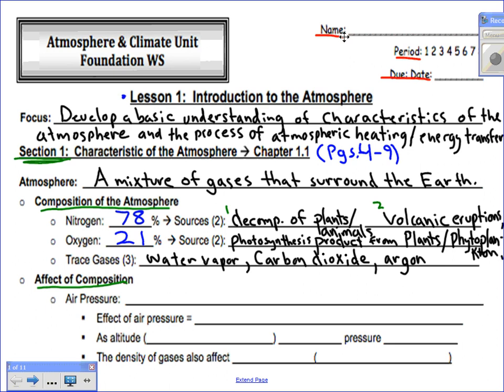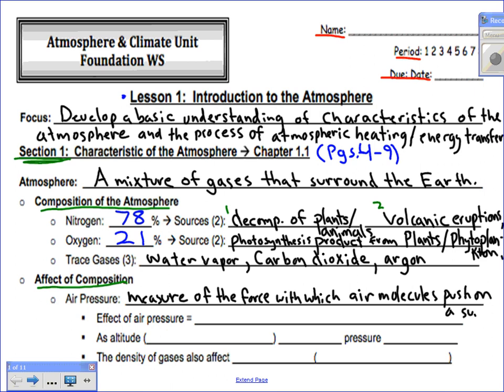So for air pressure, we'll write: measure of the force with which air molecules push on a surface. Okay? So that is air pressure.